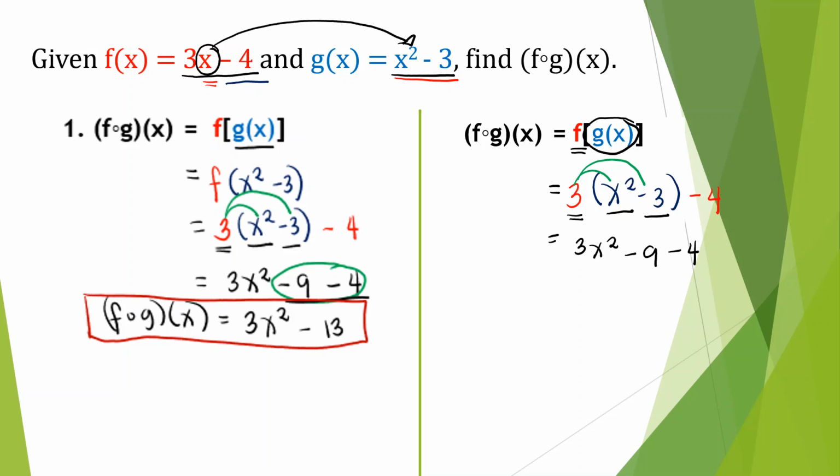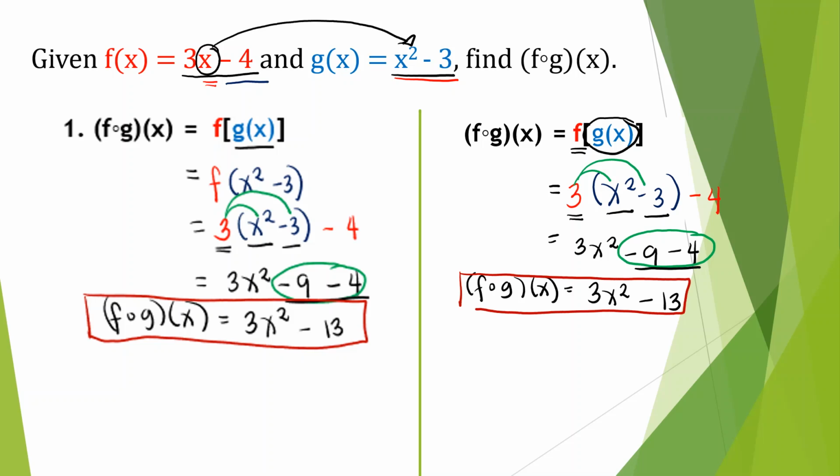Then we will combine like terms. We can combine negative 9 and negative 4. So the value of f circle g of x is equal to 3x squared. Negative 9 minus 4 is negative 13. So this will be the final answer.